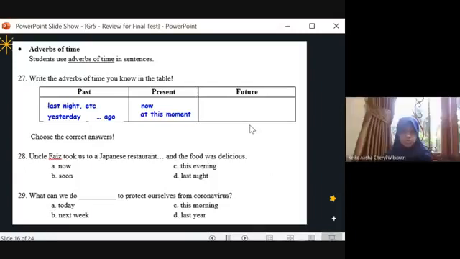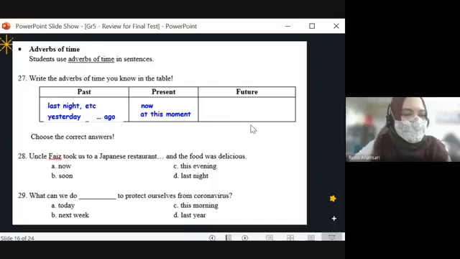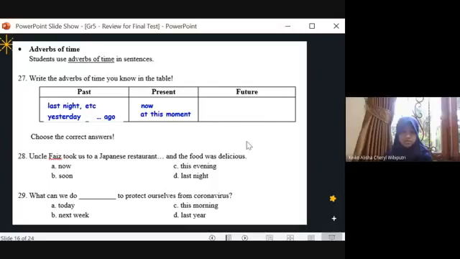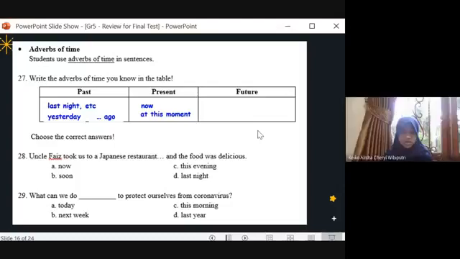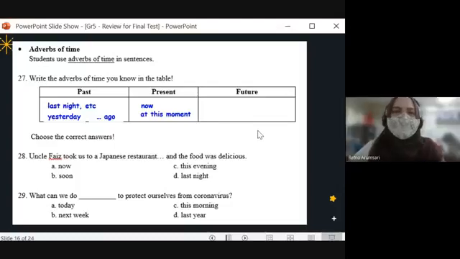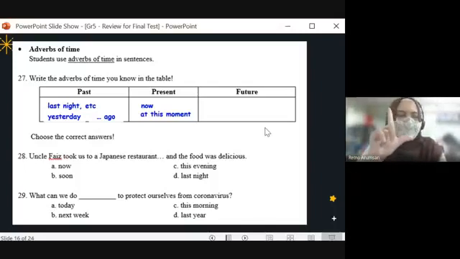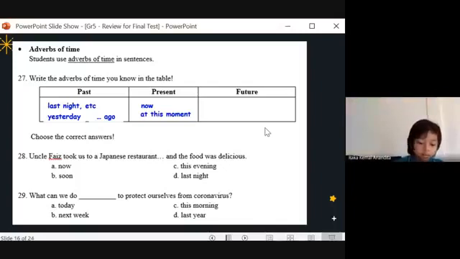Tomorrow. What else? Next week, yes, something with next. What else? Next month, yes. The one that starts with L. What is that? Later.